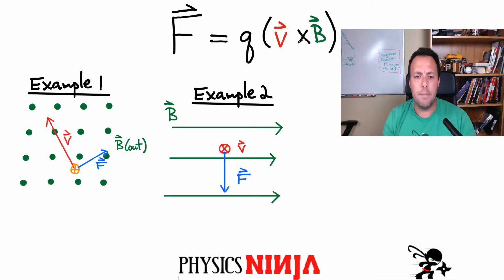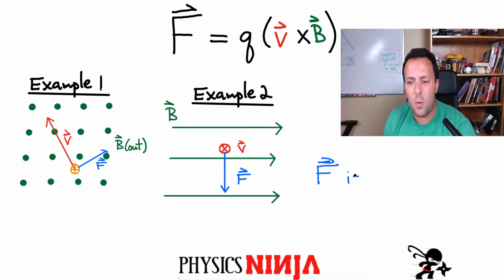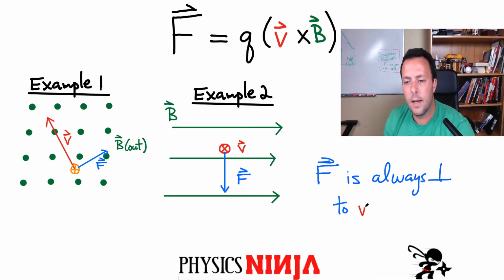But one property of both of these cases is that the magnetic force F is always going to be perpendicular to both the velocity vector and also the magnetic field. So let me write it down. It's always perpendicular to the vector v and also the vector b.